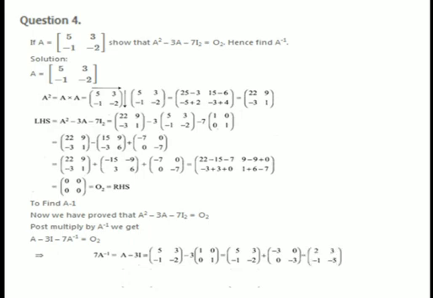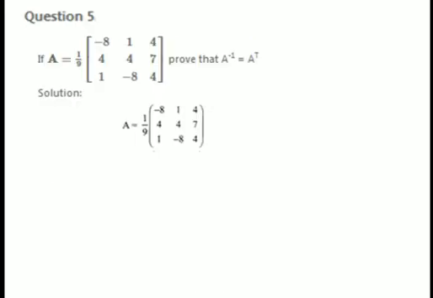You simplify this, you get the answer as 2 3 minus 1 minus 5. That is 7A inverse equal to 2 3 minus 1 minus 5. Then A inverse equal to 1 by 7, 2 3 minus 1 minus 5.